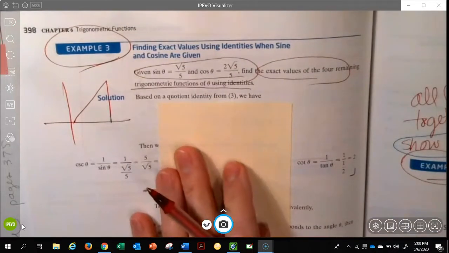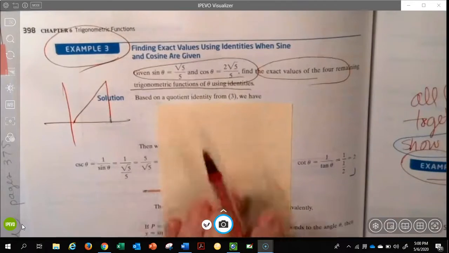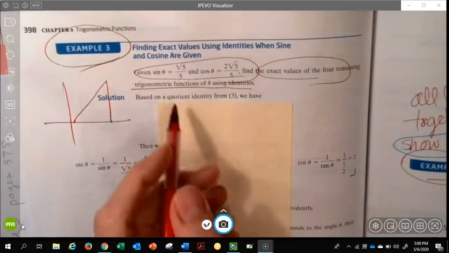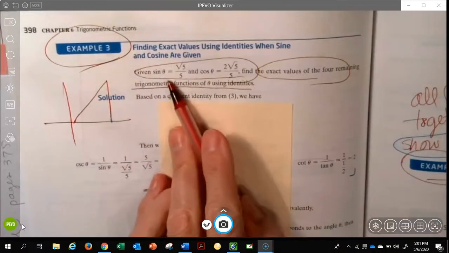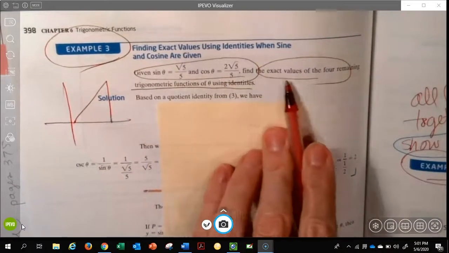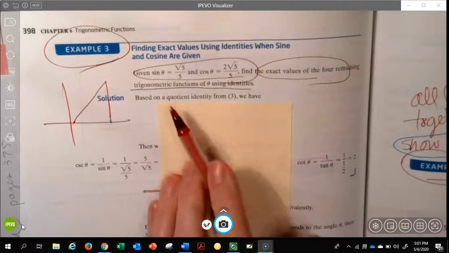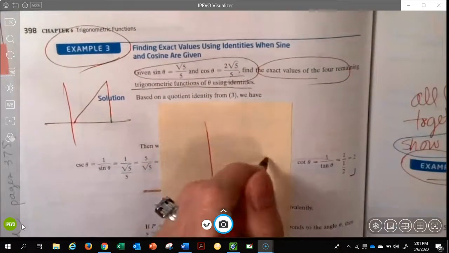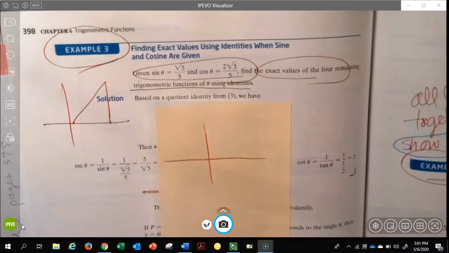The thing is, it can get confusing. So you've got to be real clear on where you are, which one you're doing, and in this case, when it's asking us that they gave us some theta, and they want us to find the exact values for the other 4, so secant, cosecant, tangent, and cotangent, I really like drawing the triangles.